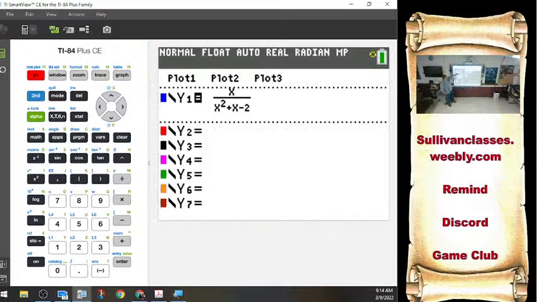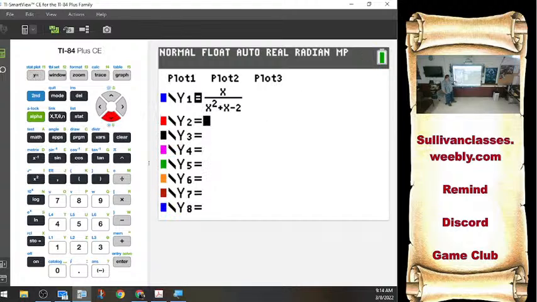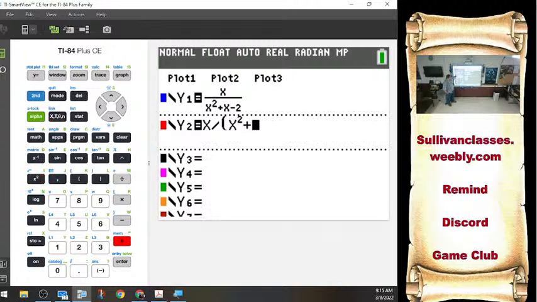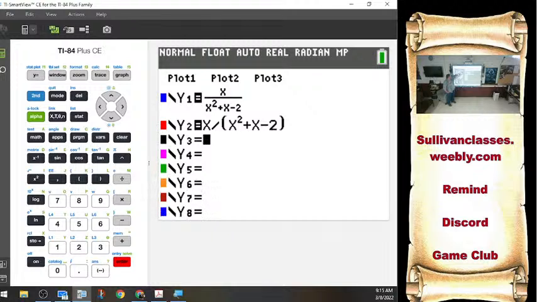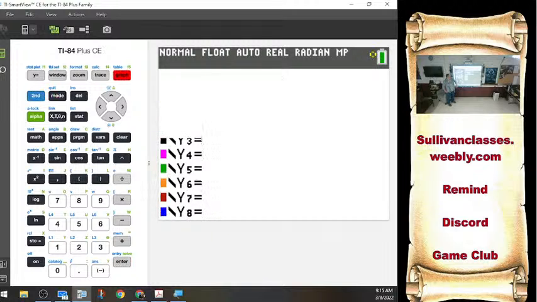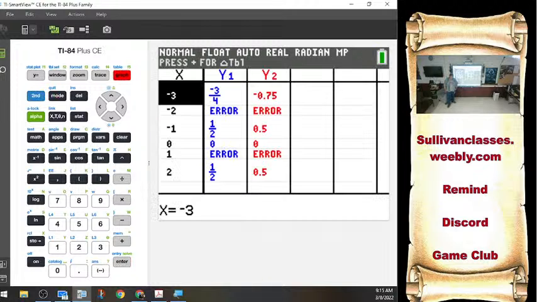So if I were, instead of this, to have written x divided by x squared plus x minus 2, like those of us who have to use the old TI-83s and go parenthesis bonkers on it, then when I go to my table, it's only going to give me decimal values because I wrote it as a division problem instead of as a fraction. Okay?